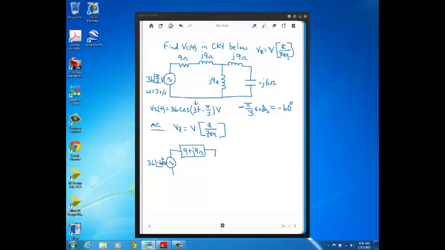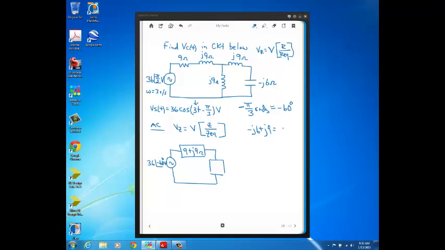Okay, and then I'm going to come up with the ZEQ of these three impedances. So first, from the perspective of the source, these two here are in series. So minus j6 plus j9, that's just adding these two in series.